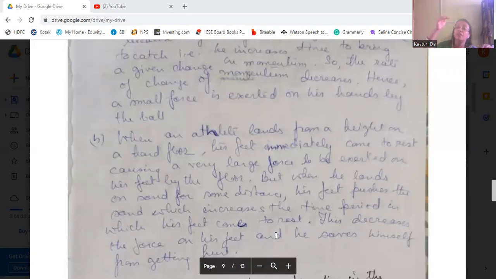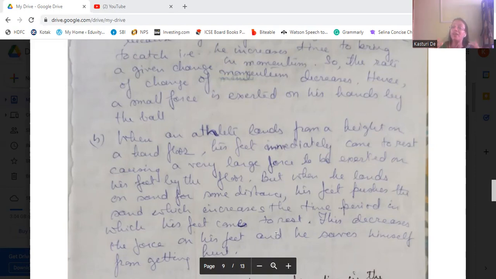Why? Because when he lands on the hard floor, his feet immediately come to rest. So he will experience a very large force, and that may exert pressure on his feet and create an injury. But when he lands on sand or any soft thing, it helps his feet get more time to come to rest.